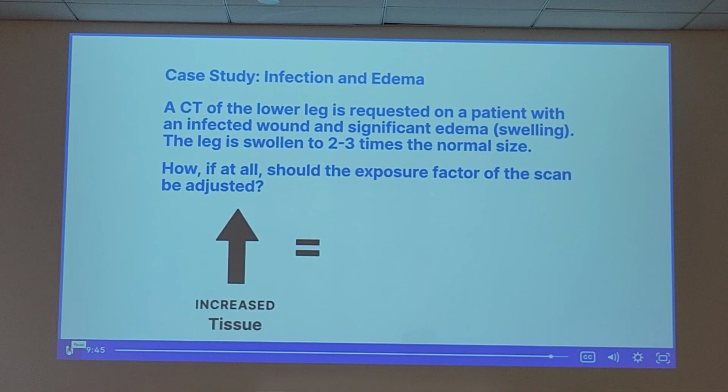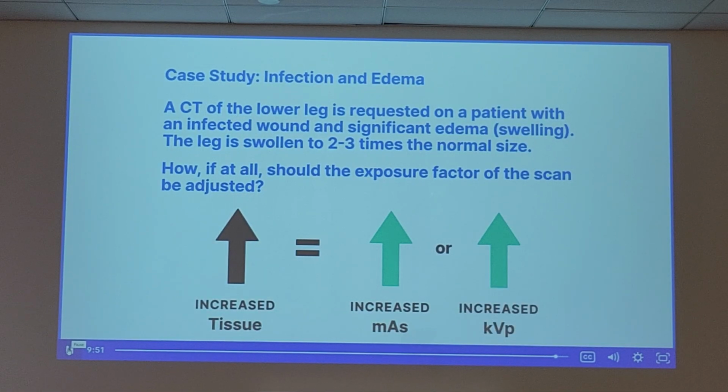It would be appropriate to increase the mAs in some way, preferably by increasing the mA, or we could increase the kVp. Some protocols at some facilities might actually have a variable mA setting already programmed into the scan. If that's the case, the scanner will recognize the increased thickness of the leg and increase mA accordingly.